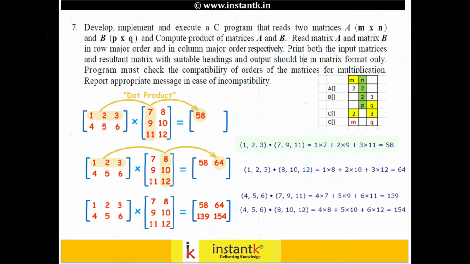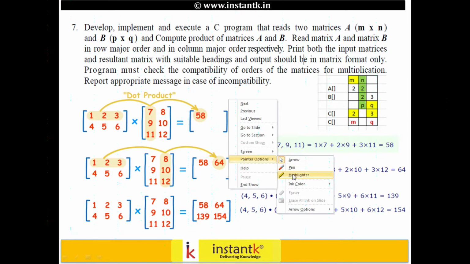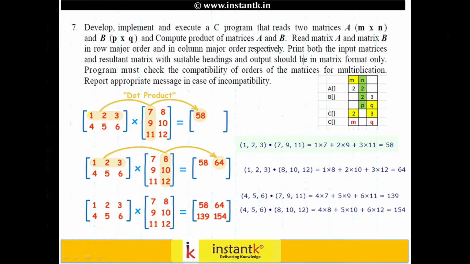Okay. So let me quickly give you an introduction to two matrix multiplication, or the dot product. Consider there is a matrix A of order 2 rows and 3 columns, 2 into 3, and another matrix B with 3 rows and 2 columns.